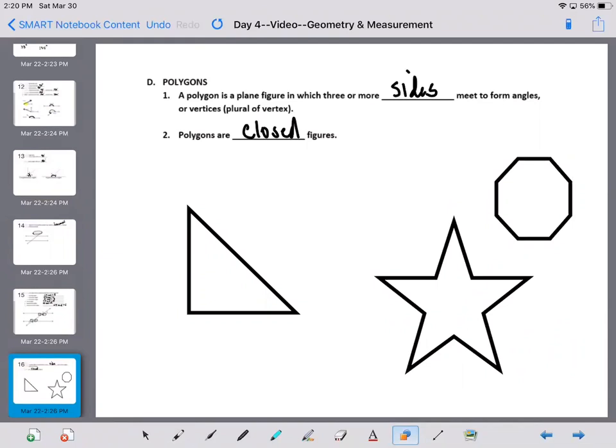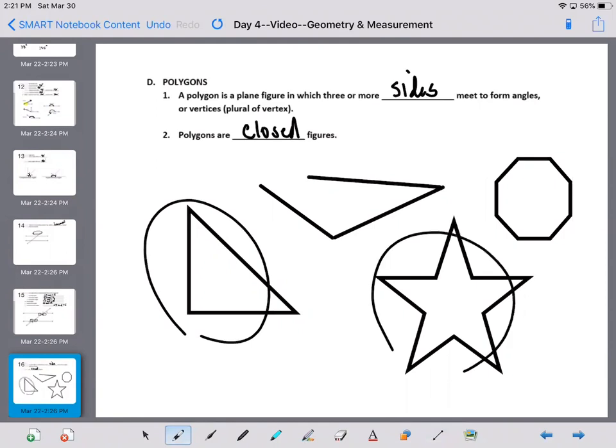It's a closed figure, so it would be a polygon. You could have a shape that looks like this. And then just notice that it's not closed, so therefore this would not be a polygon. So, this one would be a polygon, and this would not be.